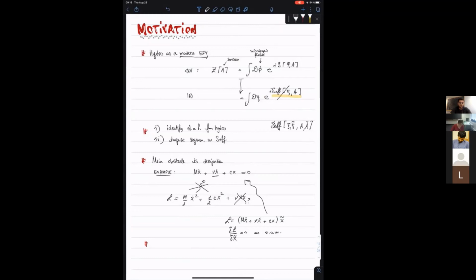And this can come from a Schwinger-Keldysh path integral approach. So hydrodynamics we will be able to write as an effective field theory if we consider Schwinger-Keldysh effective field theories.